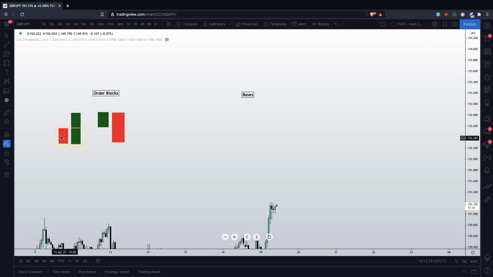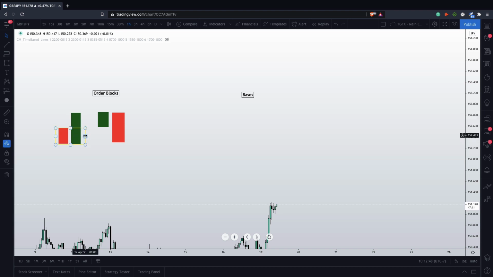All right, so this area here is what we call the actual base. Okay, so the base is the candle in this case that got engulfed. And if we highlight that off, what you'll notice is that this is an area at which the market was moving sideways. All right, and then we finally broke out of it.